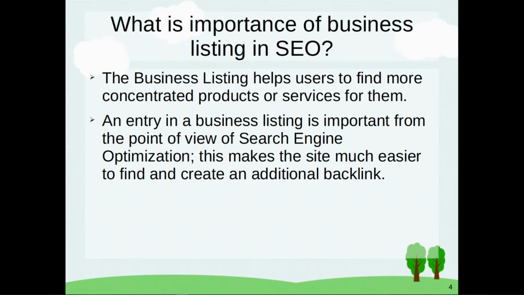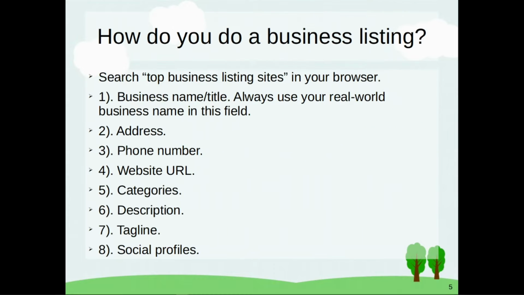So when a viewer sees your business listing, they can directly click the link from that listing site, and it will redirect to your website or your direct website URL, which will help you generate a lot of organic traffic.